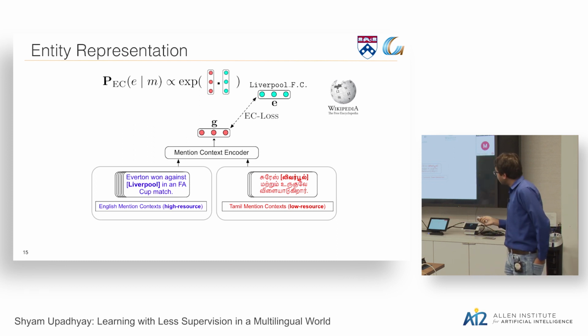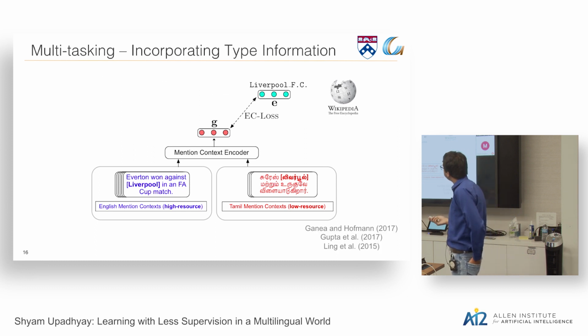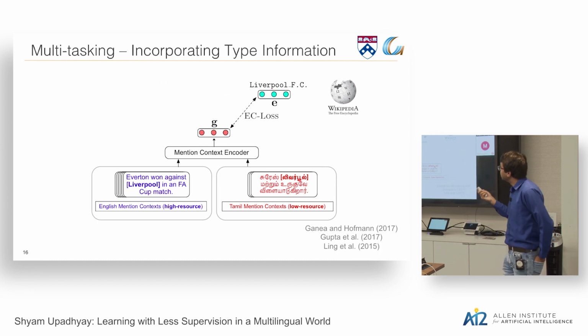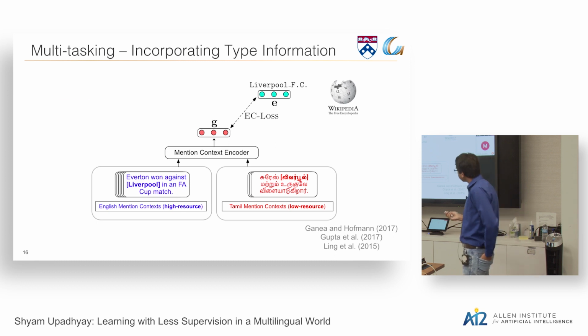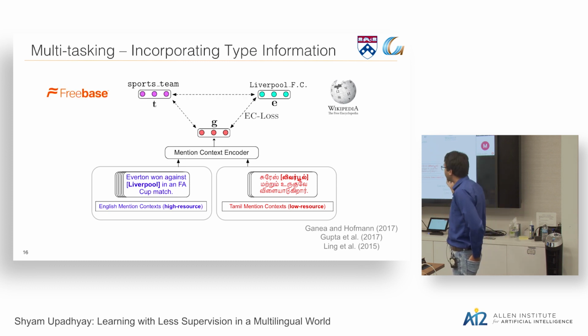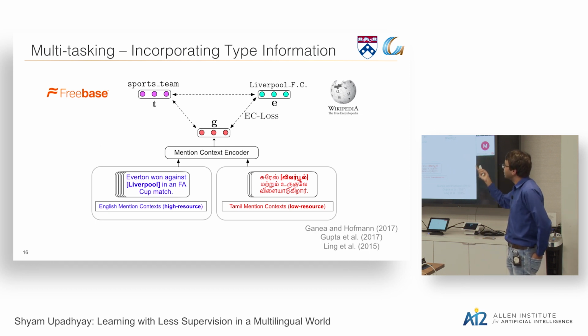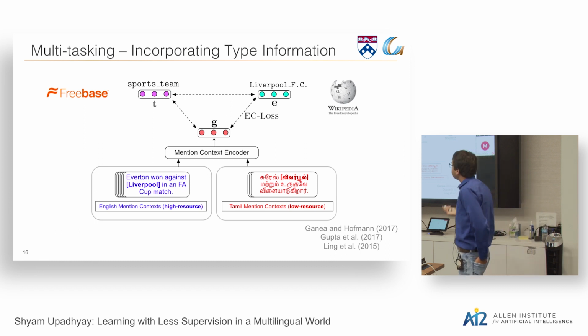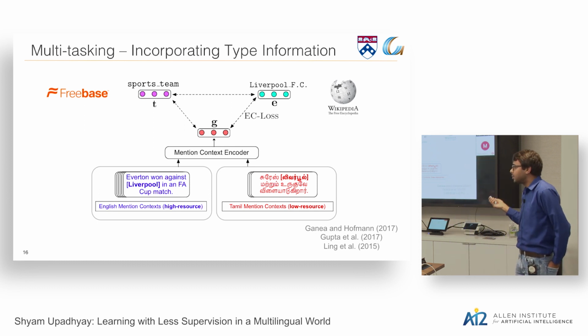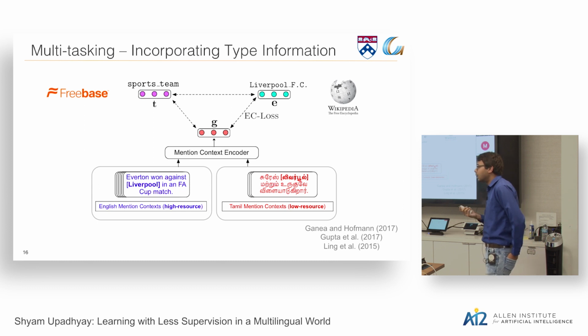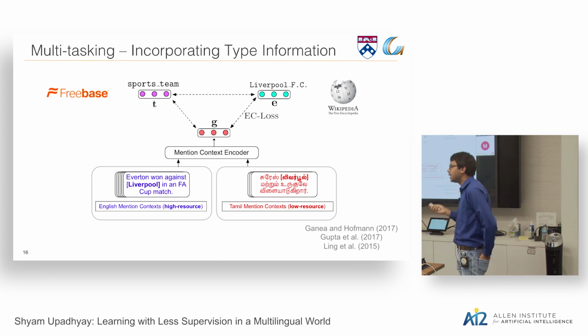All right. In addition to this, both these representations also take part in a different task, that of predicting the fine-grained type of the relevant entity. So for instance, one of the fine-grained types of Liverpool in Freebase is sports team. And again, the rationale here is that by doing this additional task, we will force the mention context representation and the entity representation to score entities of the relevant type higher than the others, and hopefully this will improve the disambiguation performance.